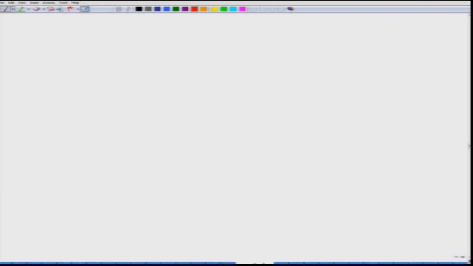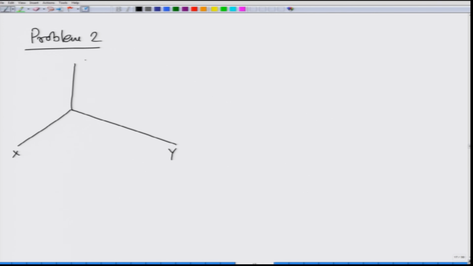Problem number 2. Figure shows, so let me draw the figure first. x, y, z shows a vector OA with projection on the z axis OC and projection in the xy plane OB.